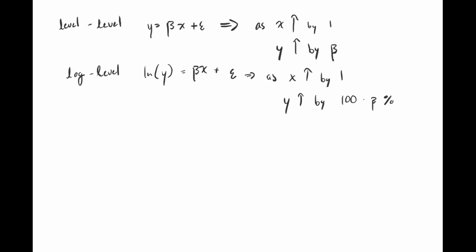This is a nice simplification for doing the interpretation, instead of figuring out what the log value change is. Essentially, a nice rule of thumb is that as my x increases by 1 unit, my y will increase by essentially beta times 100%.